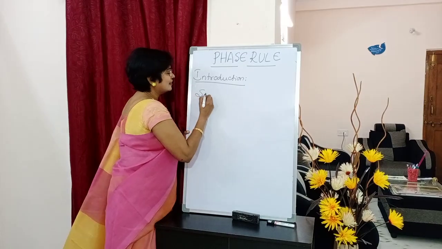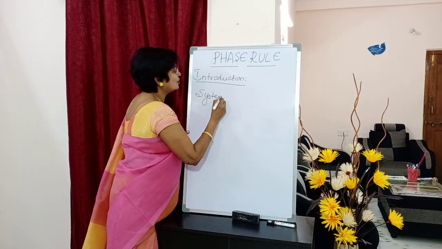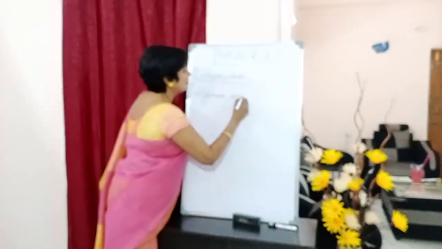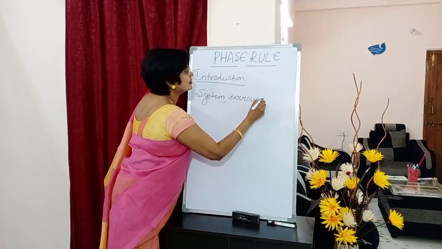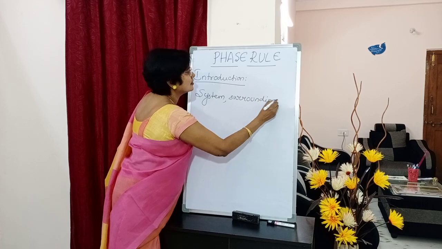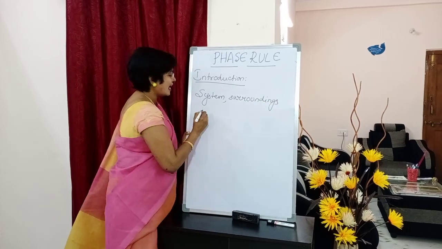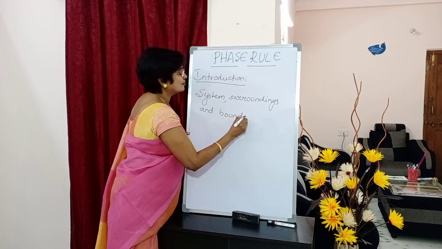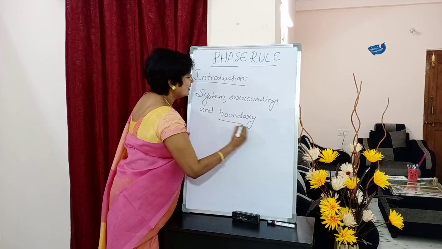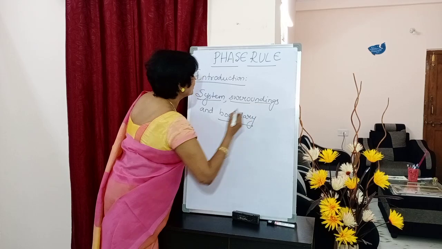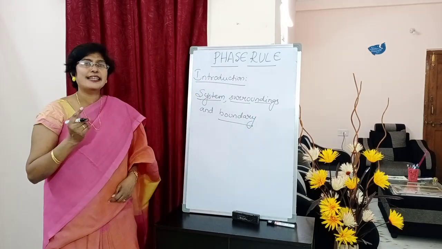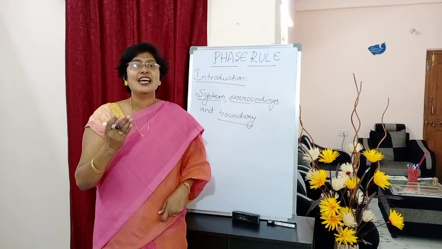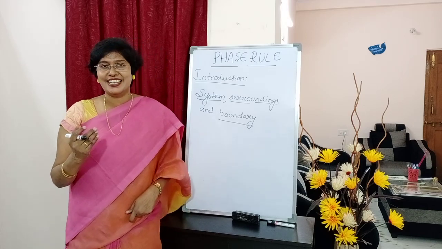For this, we should know what a system is, what surroundings mean and what a boundary is. Okay? So students, we should know what a system is, what surroundings mean and what a boundary is.